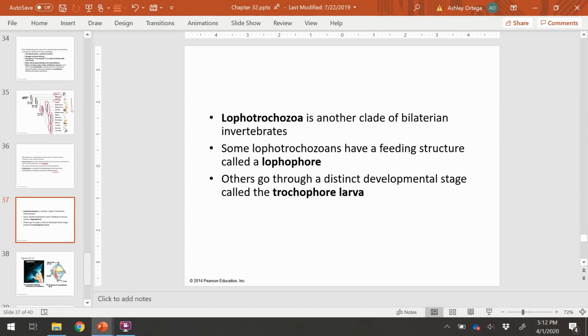And then the Lophotrochozoans are bilaterian invertebrates, and they have a unique structure that links them together called the lophophore. They have this lophophore stage in the adult or the larval stage, so it depends on the organism.